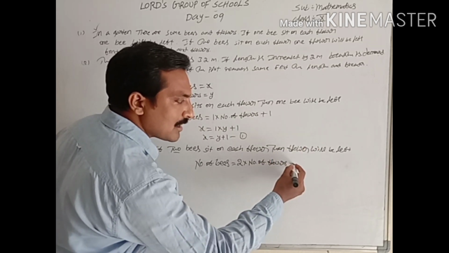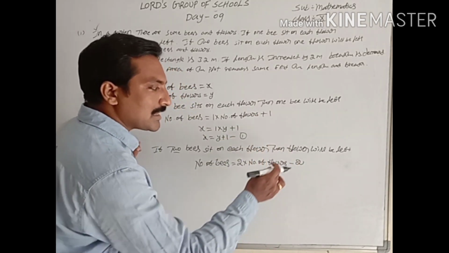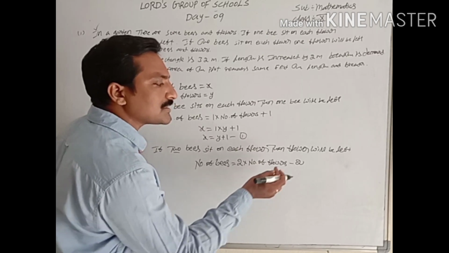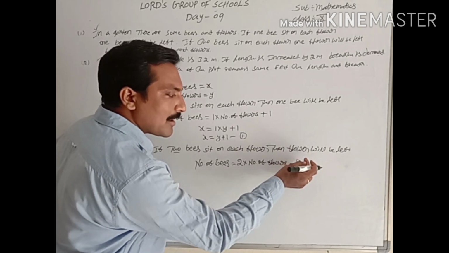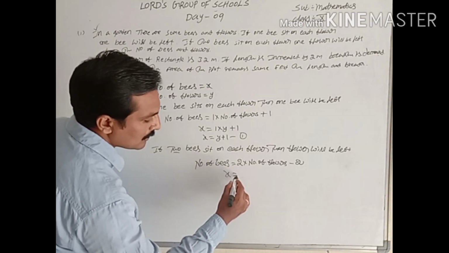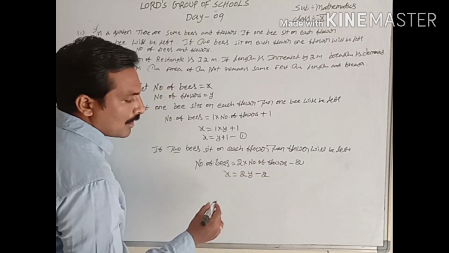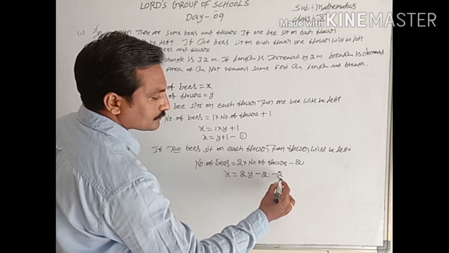Less means minus 2 bees. Because in this case on each flower 2 bees are sitting. That's why a flower will be left. Flower will be left means bees are 2 less. Now bees is x, 2 into flowers will be y minus 2. Now this is the second equation.